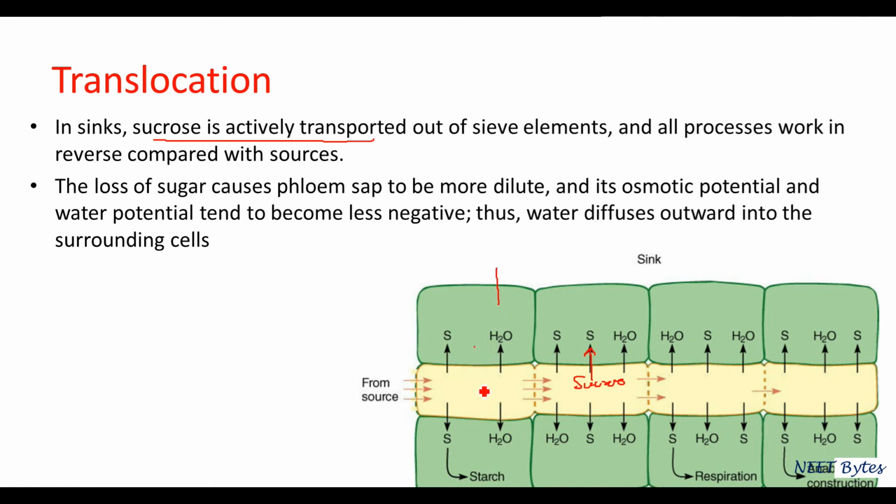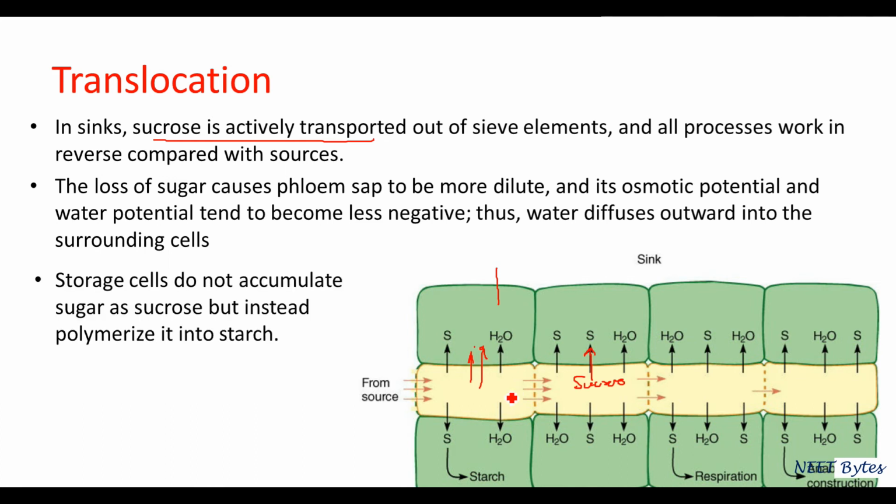Storage cells, whatever sugar comes as sucrose, they do not store it as sucrose, rather they store it in the form of starch. Just see what the advantage is of storing things in the form of starch. Once it is stored as starch, a constant osmotic pressure is maintained within this cell.